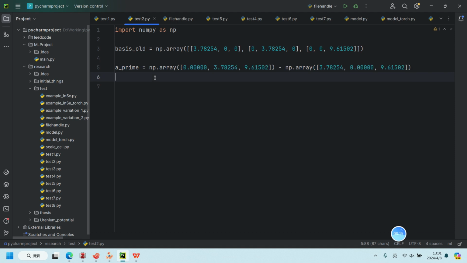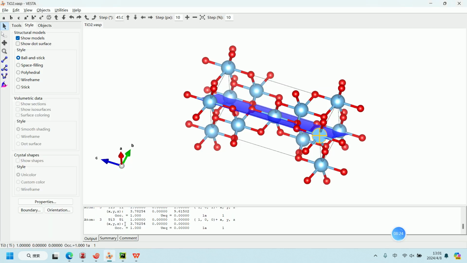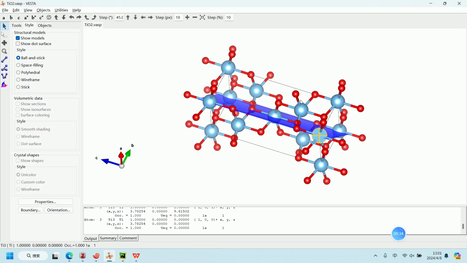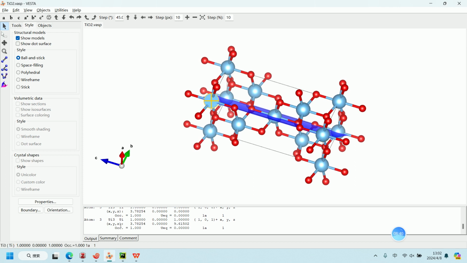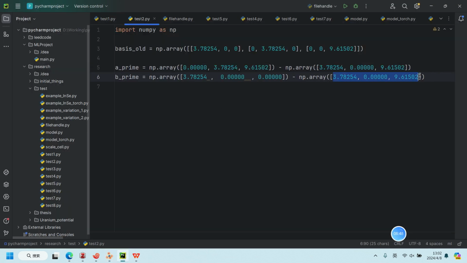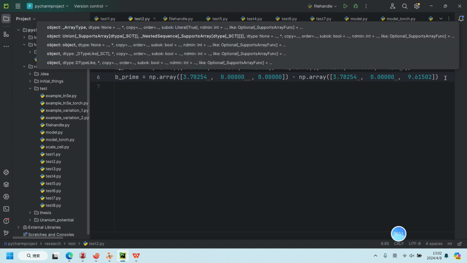We copy this and paste it here. This is the position vector of this atom, and this is the position vector of that atom, and we make a difference to obtain the B prime vector.